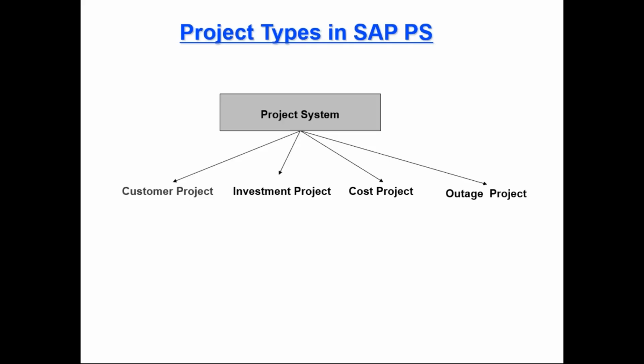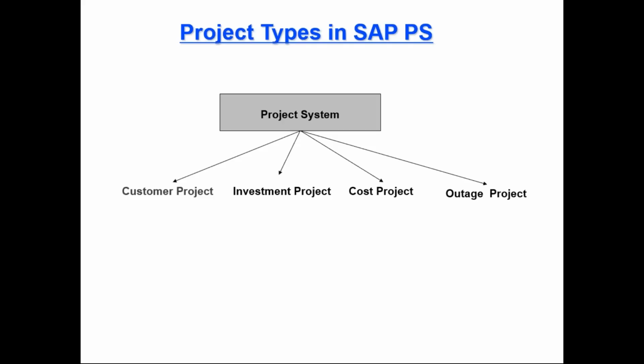Third is a cost project, where we can't say whether it is an investment. We can't say whether we will get any customer in future or not, or as of now we don't have any customer. So we cannot say that this is an investment, because there is no guarantee of a product or services which will become an outcome of this project.